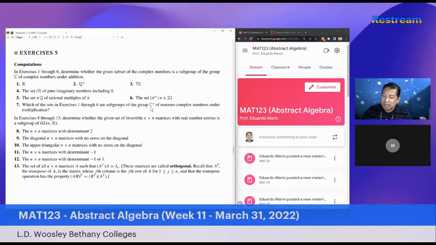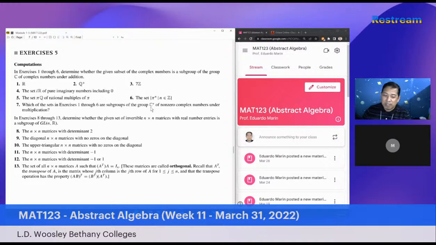Pili ka lang dyan. Dalawa, Micaela. So yung number 1, hindi pwede kasi real number lang siya. Ganun din naman yung number 3. Hindi rin pwede. Real number lang siya.